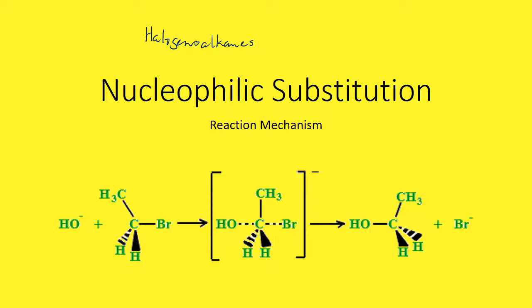So our nucleophile is our hydroxide ion, our halogenoalkane is here, so we've got bromoethane here, and you can see this bromine is substituted out and replaced by the hydroxyl group that came from the hydroxide ion, and the bromine atom leaves as a bromide ion. And so that's an example which we're going to study in more detail on the following slides.